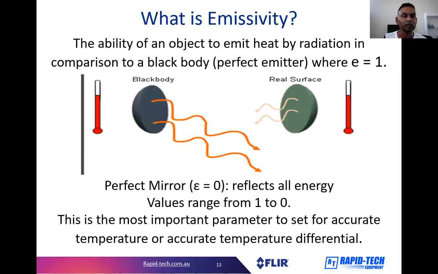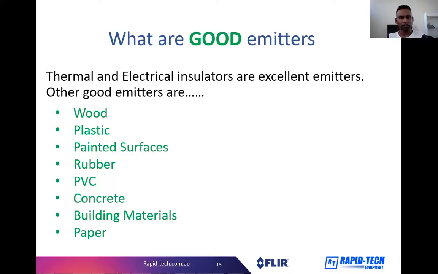So if you go back a few more slides to here, we've got, like I said, good emitters. Anything electrical insulators are obviously good emitters, so these have got the high emissivity value. You've got wood, plastic, as I mentioned, painted surfaces, rubber, PVC, concrete, paper, tape, which hasn't been included in there.